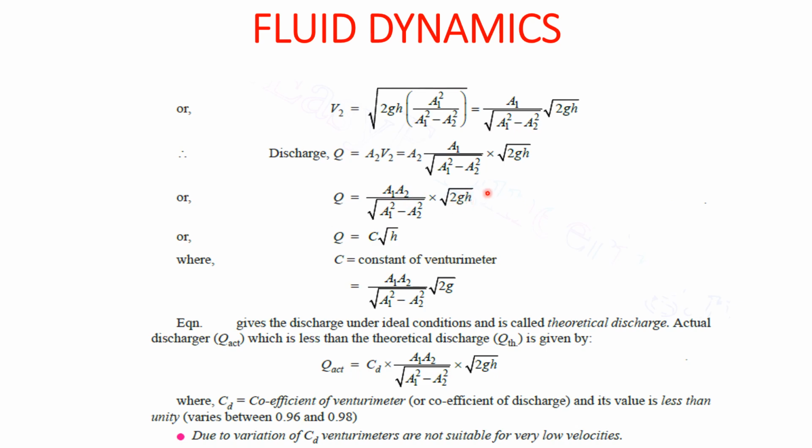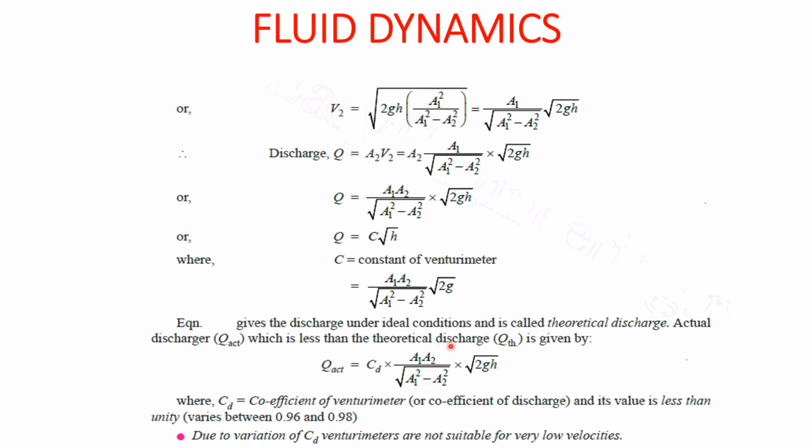At the same time, while measuring theoretical discharge, what parameters do we require here? We require area of convergent section A1, we require area of throat, that is A2, and we require the value of H, which is the difference between the manometric levels of both the sections, A1 and A2.